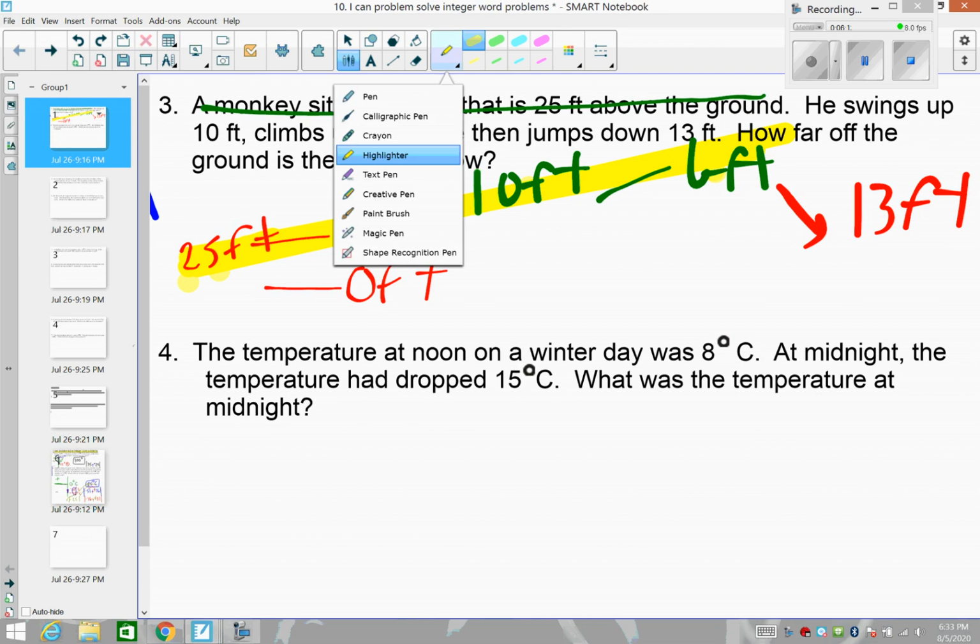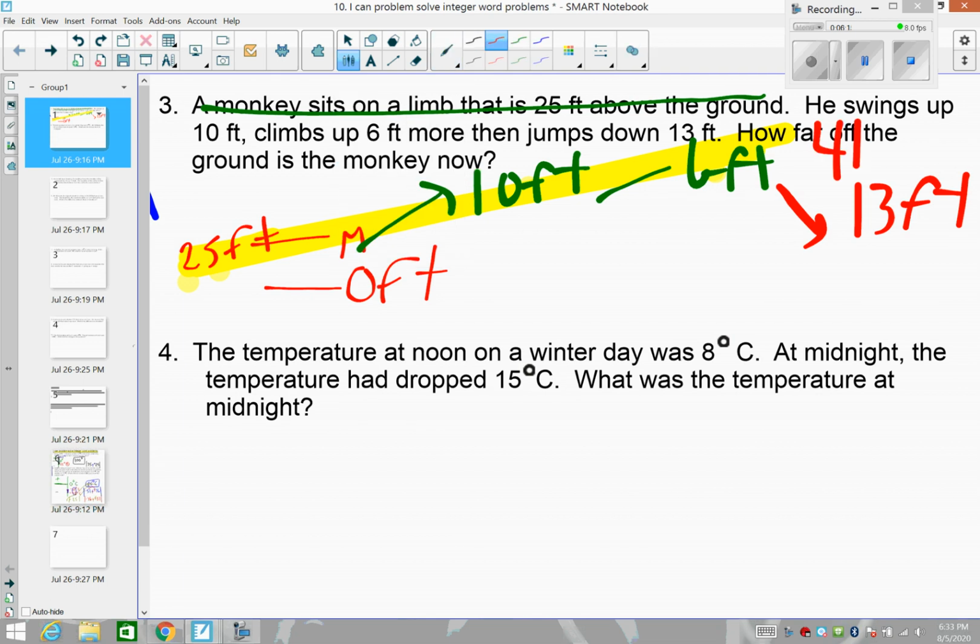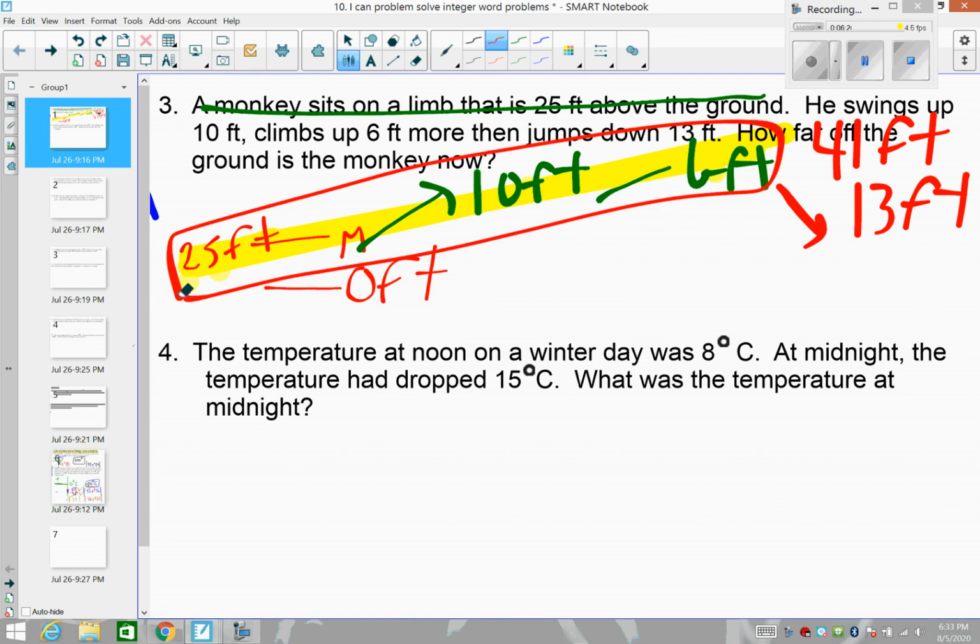So the monkey then would be at 41 feet in all of the upward motions. And then it says he jumps down 13 feet. So if we subtract these values, 41 minus 13, 11 subtract 3 is 8, 3 subtract 1 is 2. So we would say that the monkey is 28 feet above the ground. Okay. So now let's take a look at another word problem.